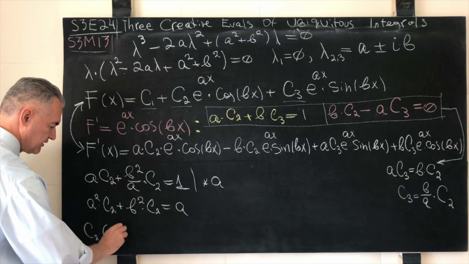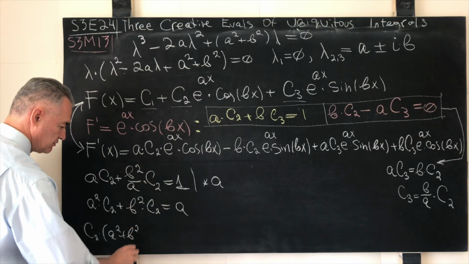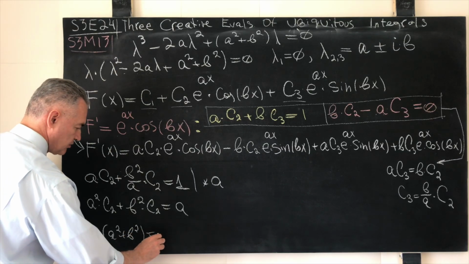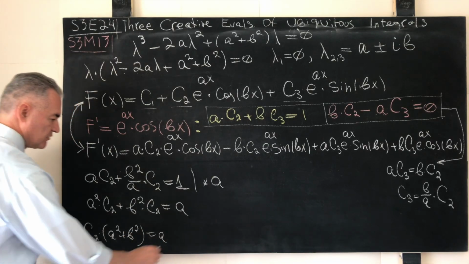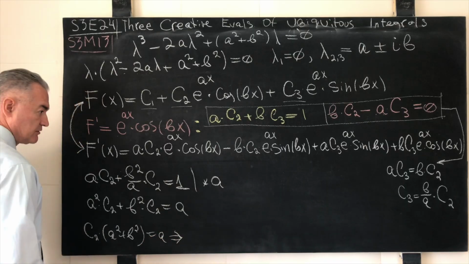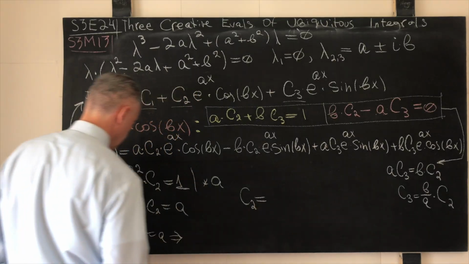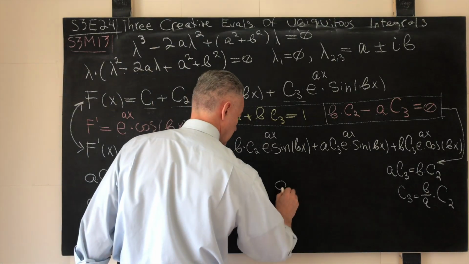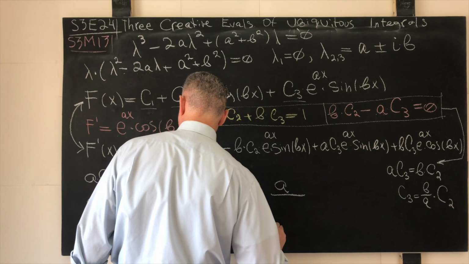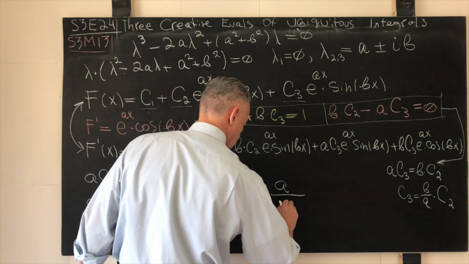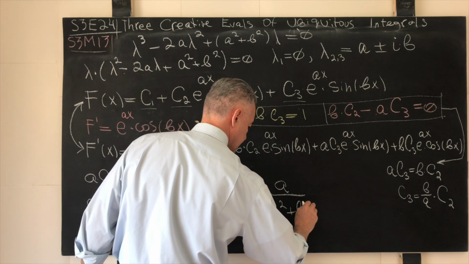C2 times (A squared plus B squared) is equal to A. And from here, it follows that C2 is equal to A divided by A squared plus B squared.